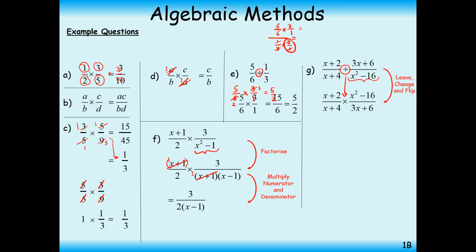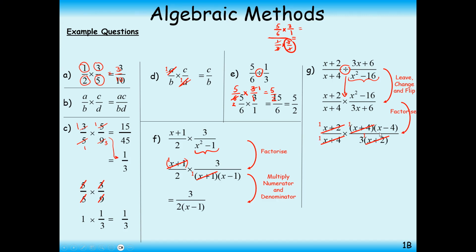Okay, so then we can go ahead and factorize x squared minus 16 in the numerator of the right-hand fraction, and you'll see that x plus 4 and x plus 4 cancel away, and x plus 2 and x plus 2 cancel away.